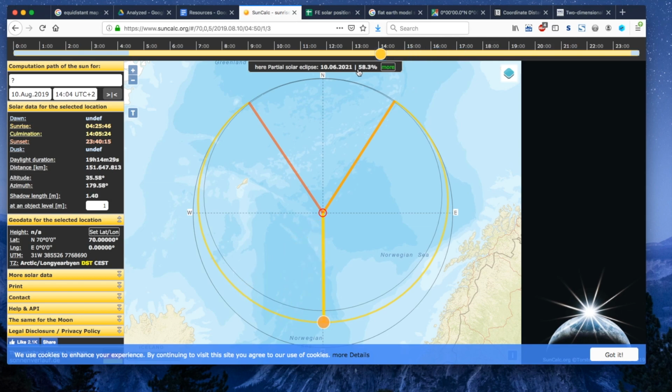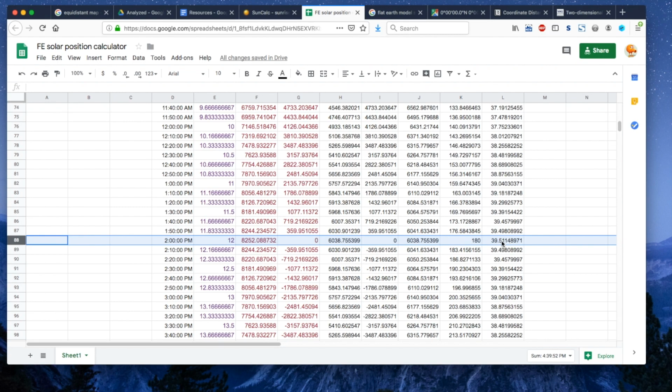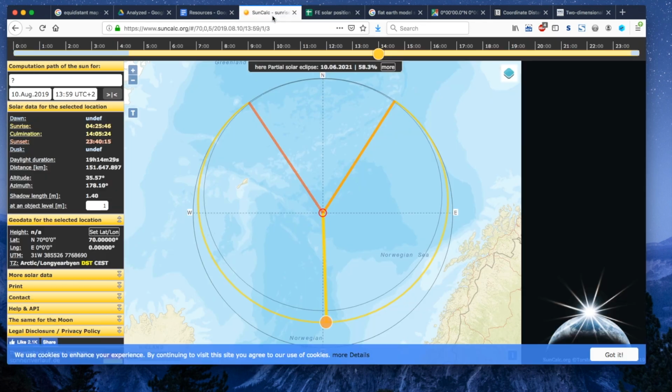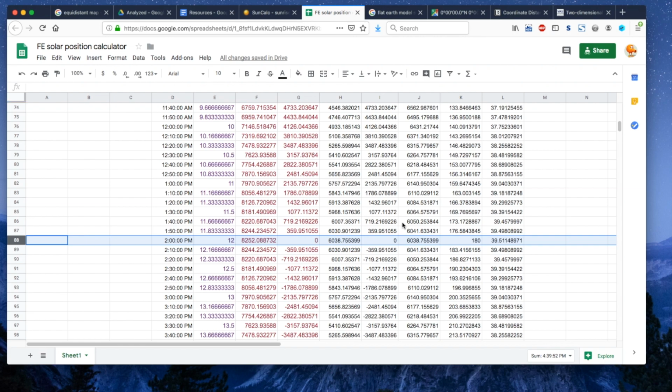If I pick local solar noon, or very close to it, 2 p.m., then I should have an altitude of 39.5 and an azimuth of 180. Now the azimuth is relatively correct and the altitude is not that far off.